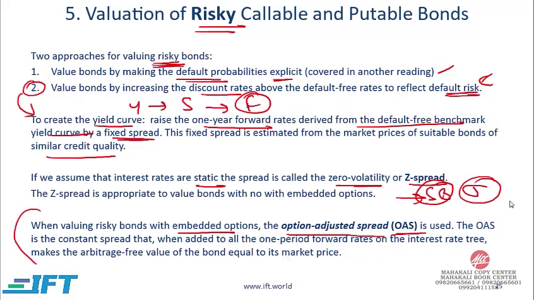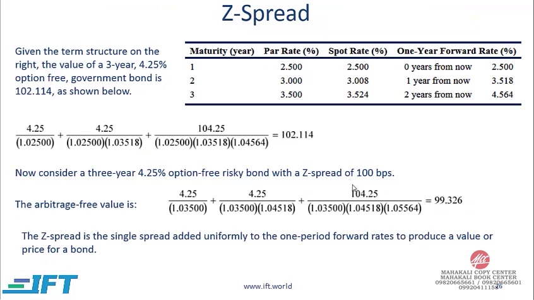Now we are going to look at exactly what this means, but first we will just refresh our memory about the z-spread. And this is something that you have also seen at level 1. The idea is this. Say you are given a particular term structure, and based on this term structure, you can come up with the 1-year forward rates. If we know the forward rates, then how do we come up with the value of a risk-free bond?